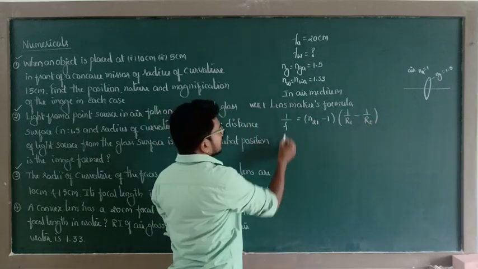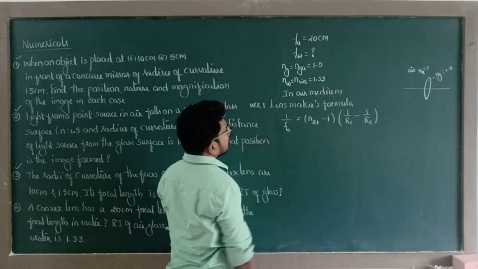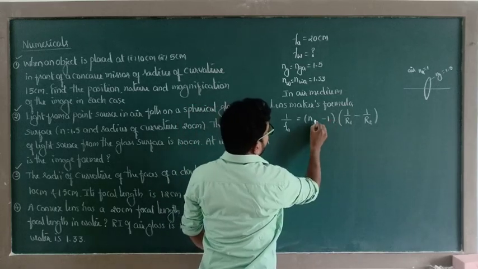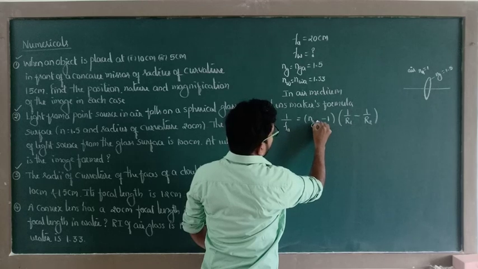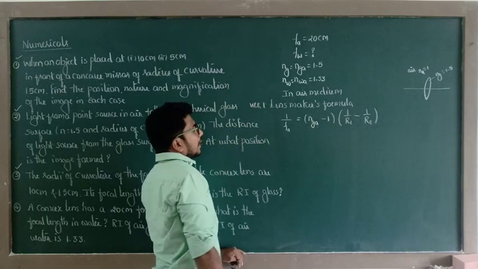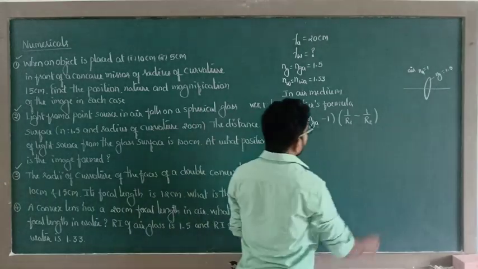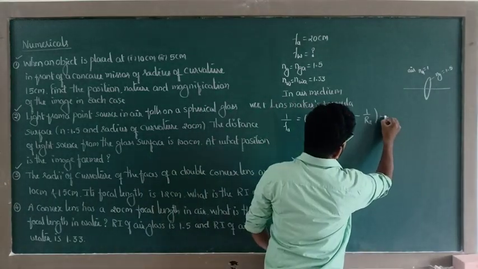So in air means this focal length in air, refractive index of glass with respect to air, R1 minus R2. Here we don't know R1 and R2. Let us consider this equation as equation number 1.